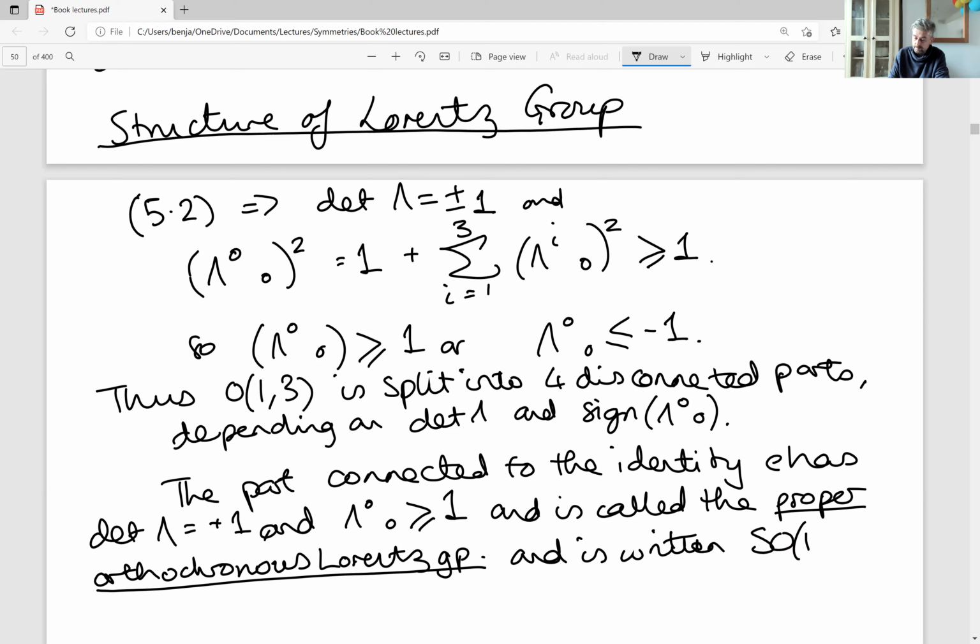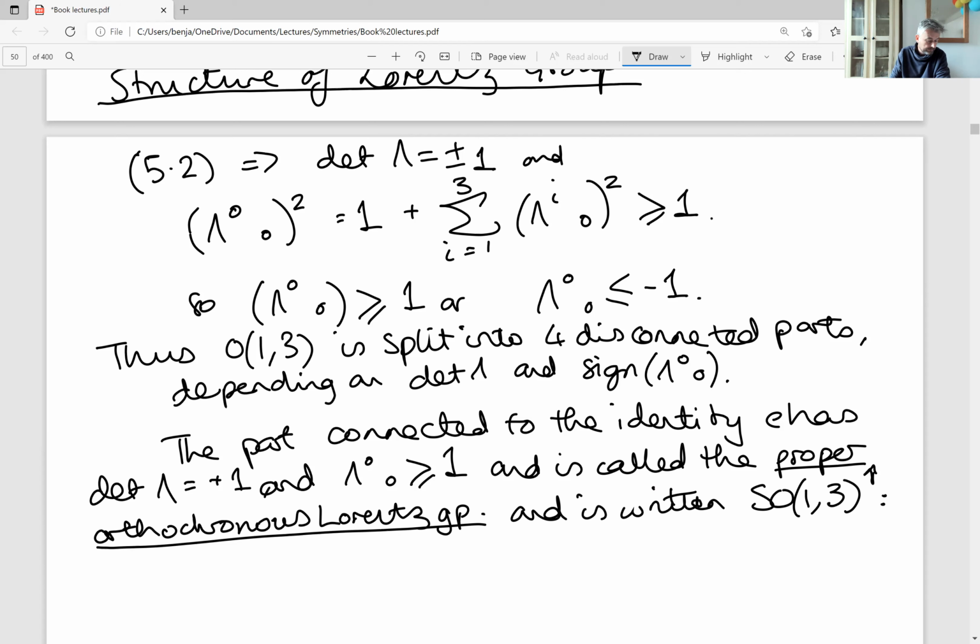Of course, as soon as we put det lambda equals +1, we get a special in front, and it's SO(1,3). But we write this up arrow to denote that it's the part continuously connected to the identity. And of course, this is the part we get by exponentiating the Lie algebra.